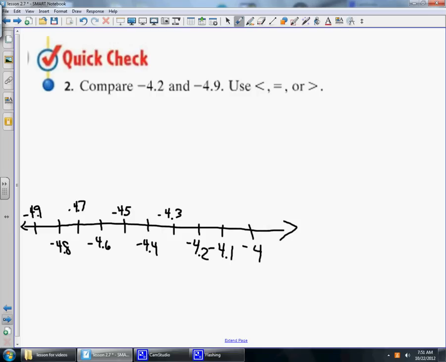So if we were to graph those on the number line, here's -4.9 and here's -4.2. -4.9 is farther left, which means that it's smaller, so -4.2 is greater. So -4.2 would be greater than -4.9.